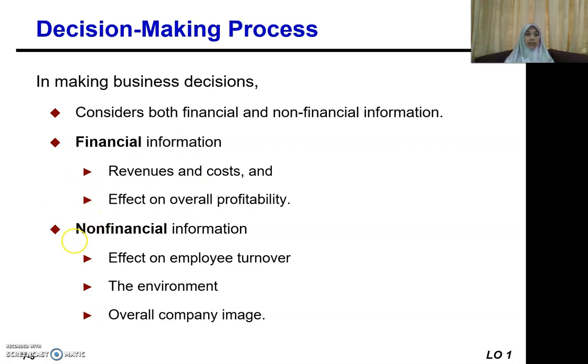That is basically when you want to calculate the profit. Profit is the difference between your revenue and your cost. So of course, when you want to look into the financial effect of the decision, you will look into the first one, the revenue, the second one, the cost, and the third one, the overall profit. So that is basically the financial information.